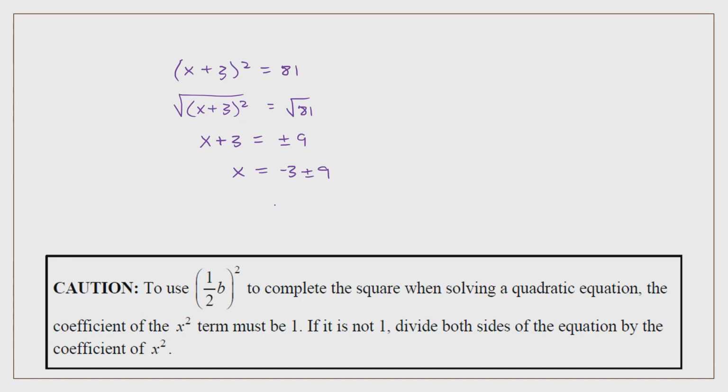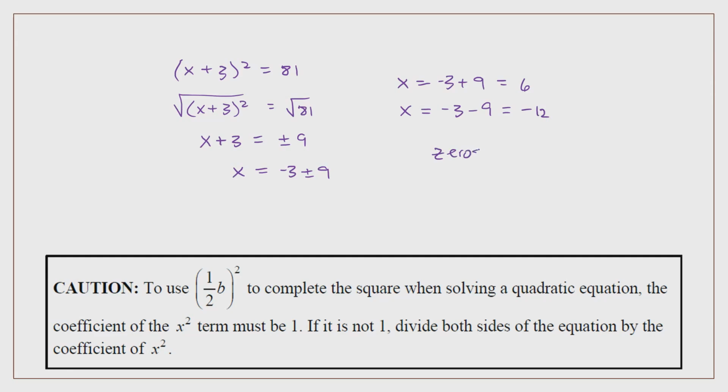So we will have x equals -3 plus 9, and x equals -3 minus 9. So -3 plus 9 is going to get us 6, and -3 minus 9 is going to get us -12.